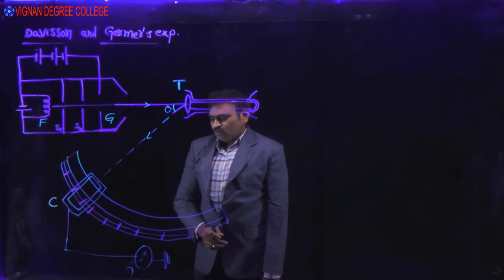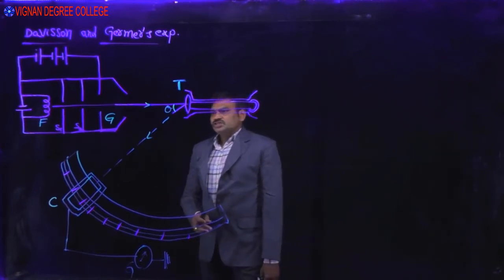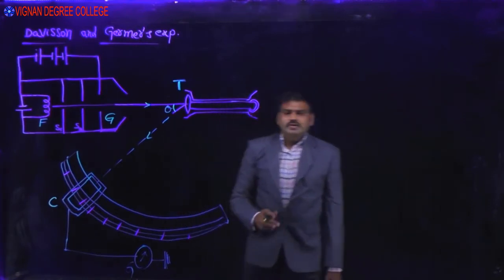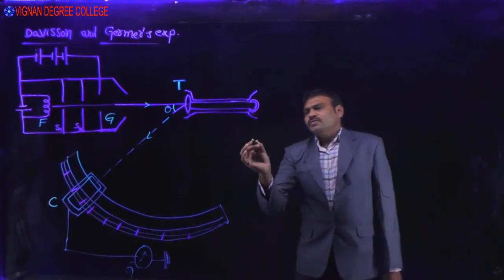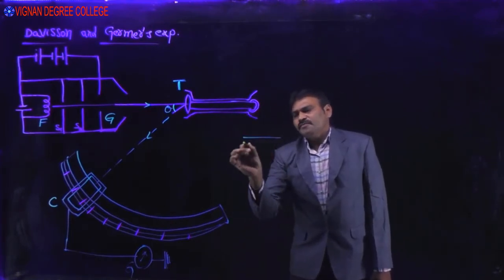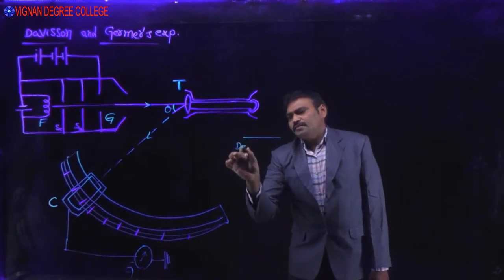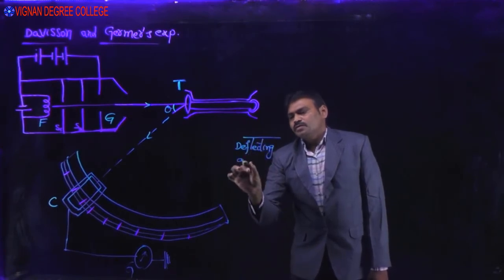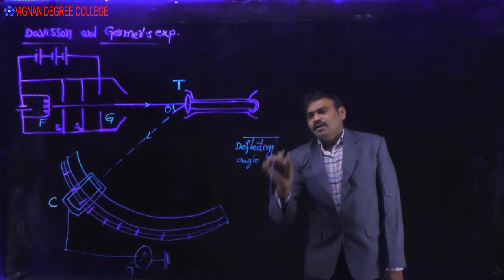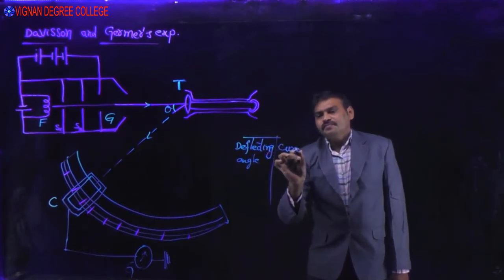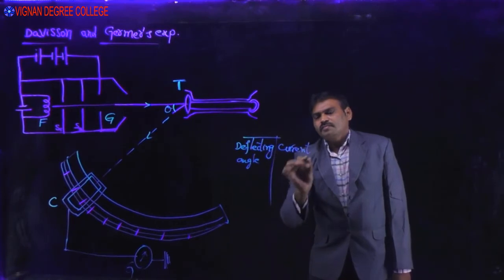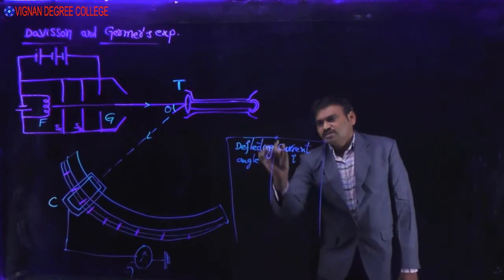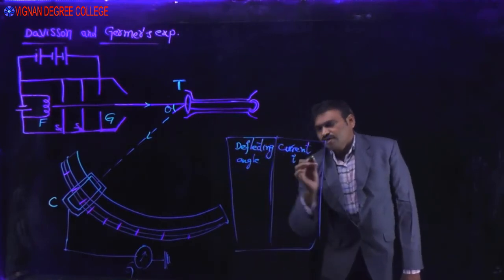Okay, so the observations are repeated for different potentials. For example, take 40 volts, and the values of deflecting angle and current I are noted. For different deflecting angles, different current values are noted.